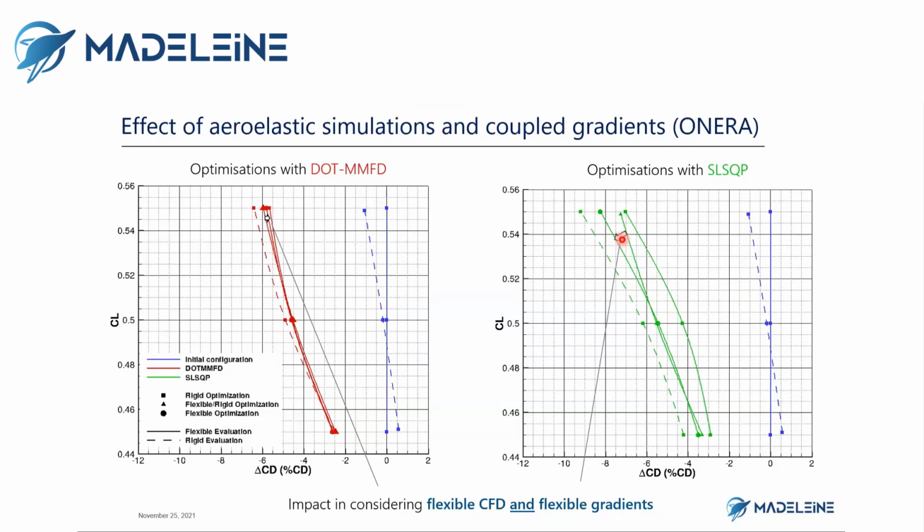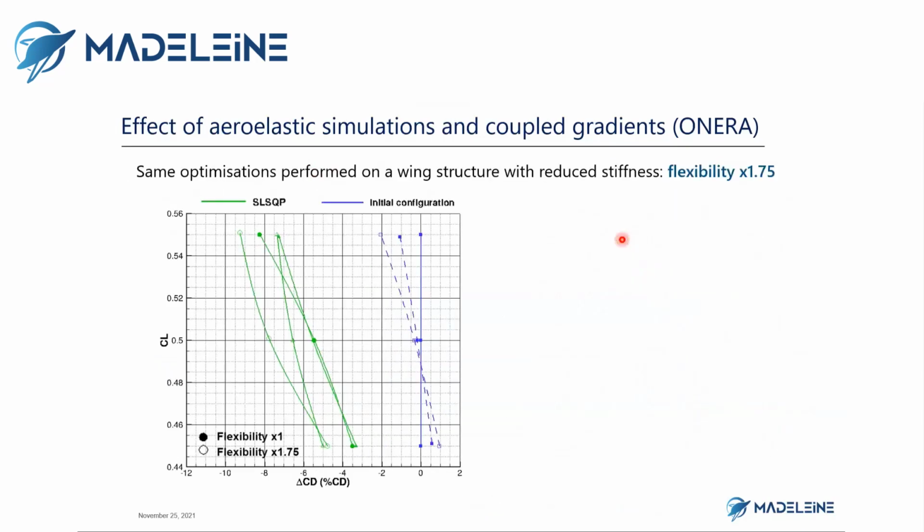And a last attempt made by Onera was to see what happens if we increase the flexibility of the wing. It's an artificial exercise, but simply by tuning the structural coefficients, they increased the flexibility by a factor of 175. And what is interesting to notice is that already on the baseline configuration, we see quite a huge impact due to this increase of flexibility.